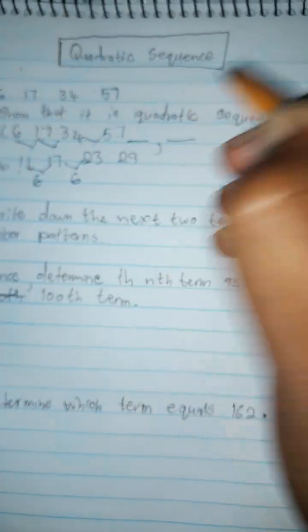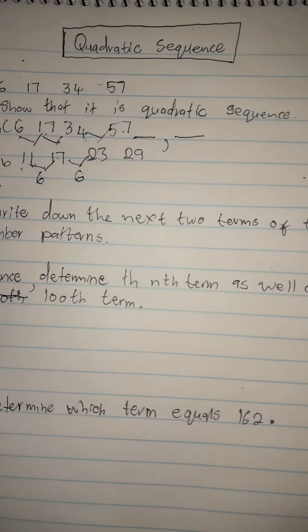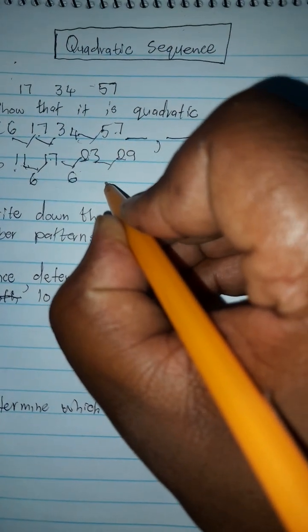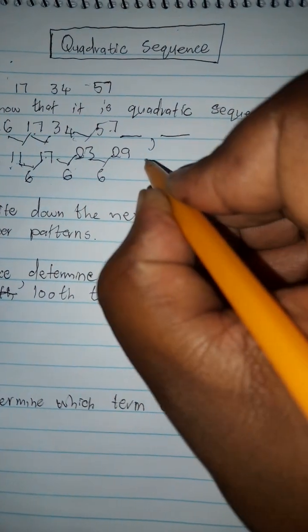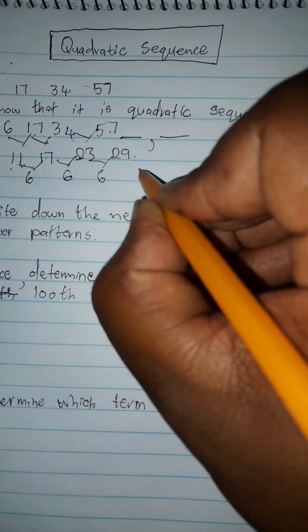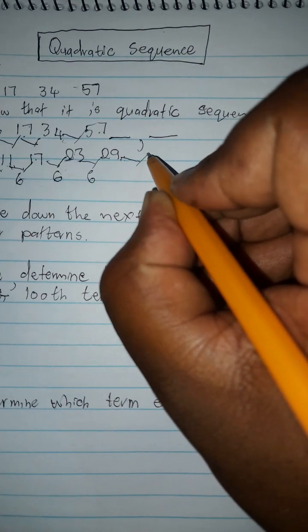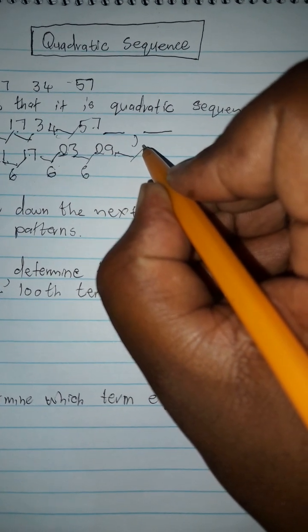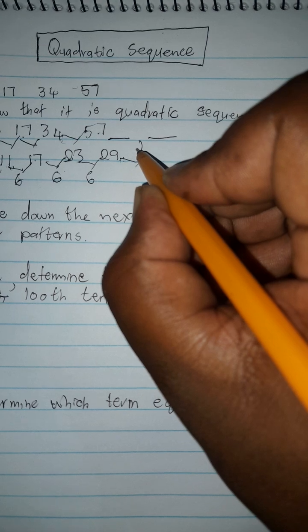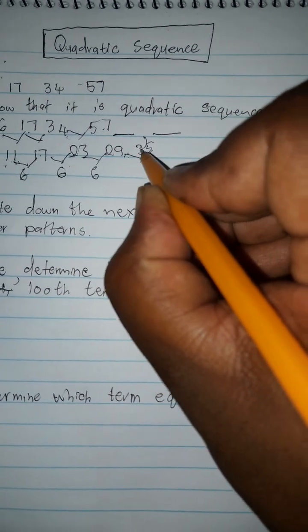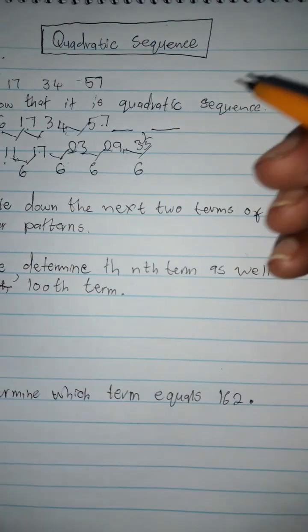So I'll put 29 there. What is 29 minus 23? That will be 6, right? Similarly, we need to find another. 29 plus 6 will be 35. So 35 minus 29 will be 6, right?